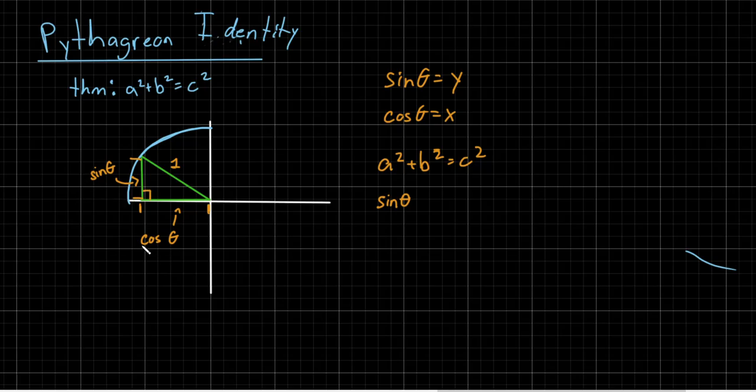Positive. And cosine is what? Negative. Perfect. So sine squared plus our other side, negative cosine of theta squared, equals what? 1. I'm going to say it's squared for now, but it's just going to equal 1.